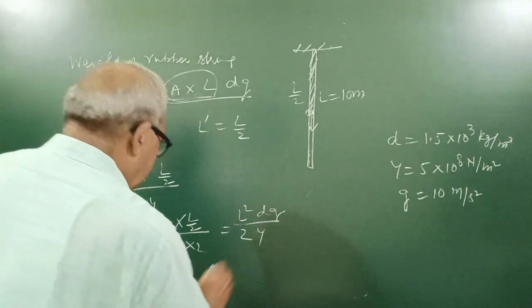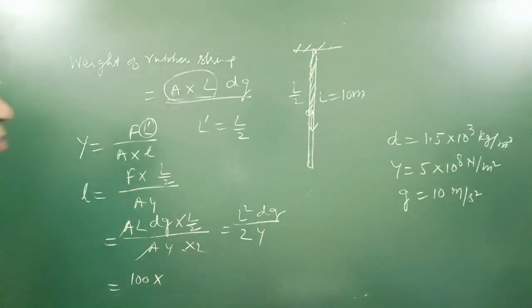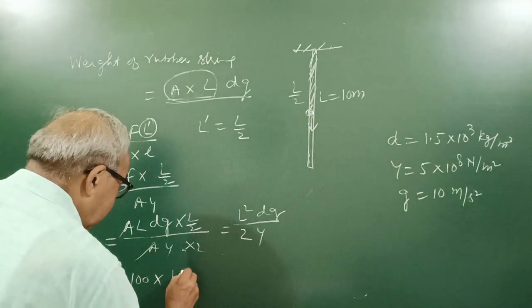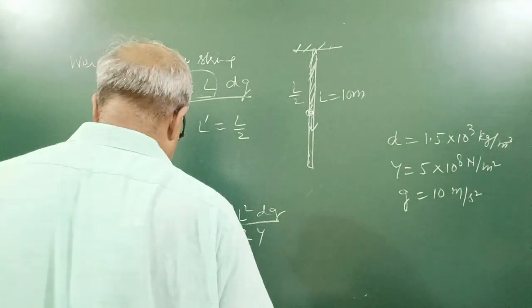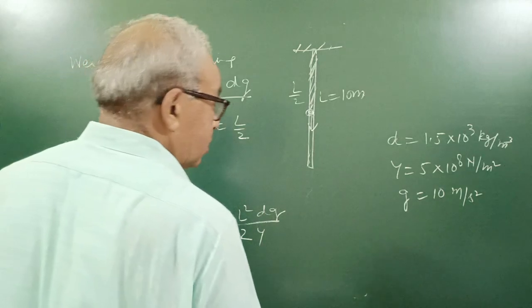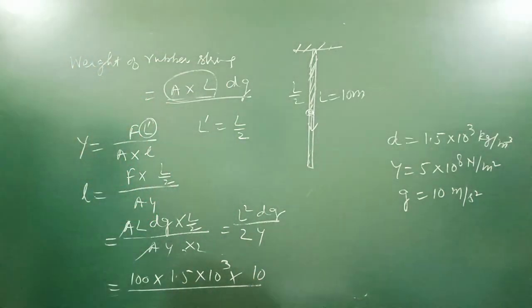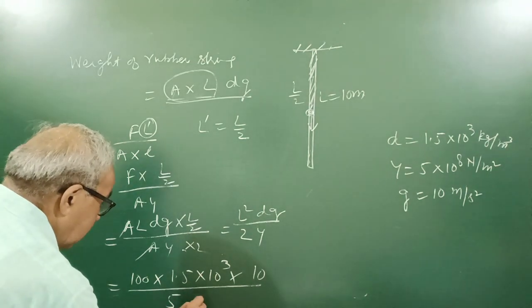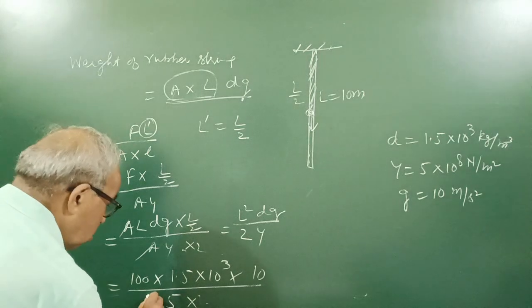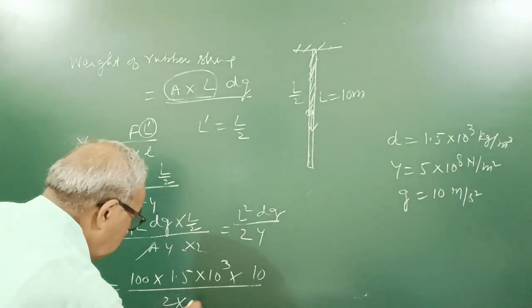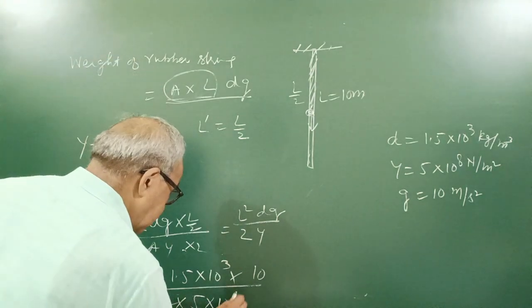By 2 was left out here by us. 10 square is 100, density 1.5 into 10 to the power 3, and L square D g, density into g is 10, upon Young's modulus 5 into 2 into 5 into 10 to the power 8.